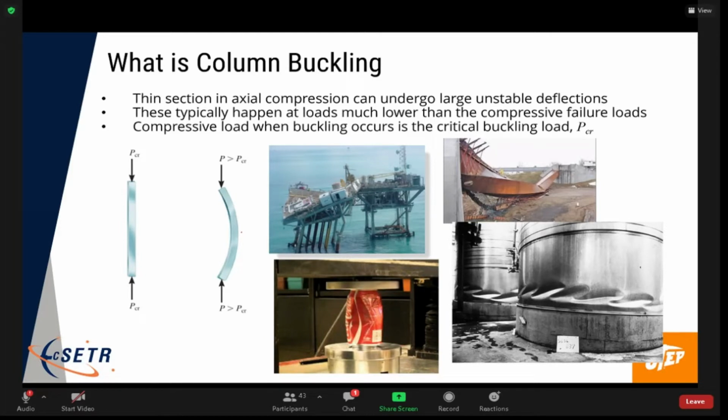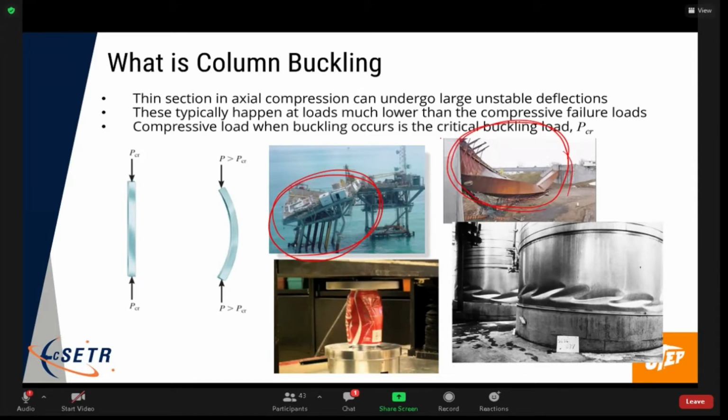So anytime you have a structure where parts of your truss are under compression, that element may in fact buckle, all right? Here is a bridge that failed.